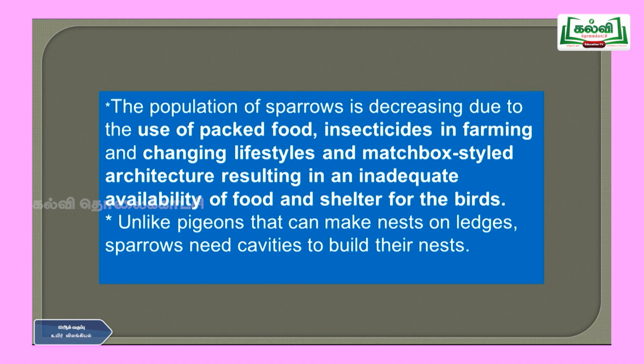In olden days, we used to put grains out for the birds in front of our house because we had agriculture, but now agriculture is also reducing. Even people are not allowing the birds to come and stay inside the house. If they nest, they remove the nests because they think it is a nuisance. So that is some of the things which led to the extinction of the species.